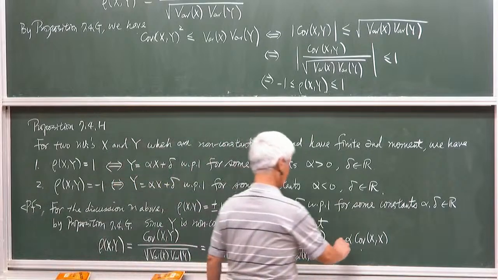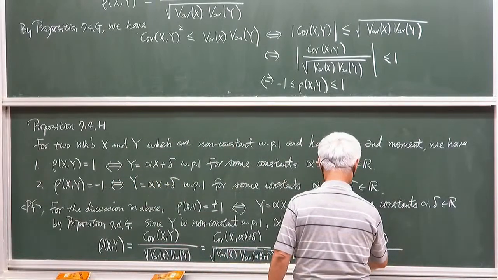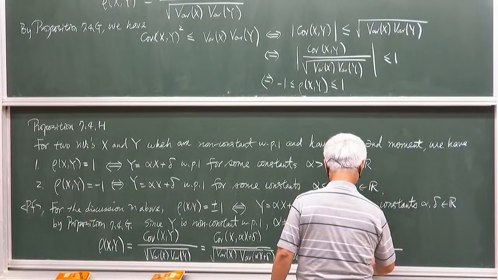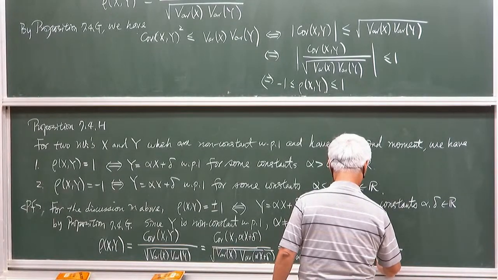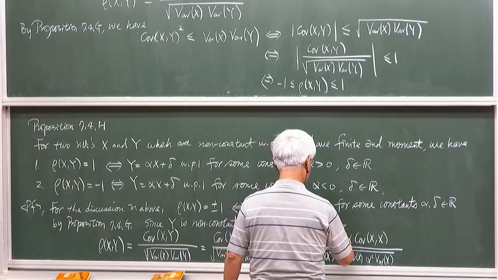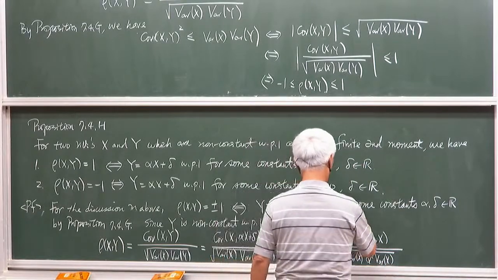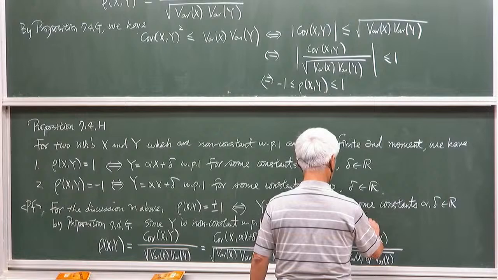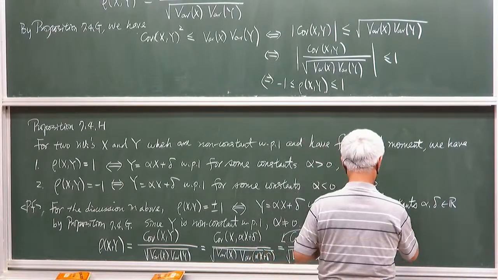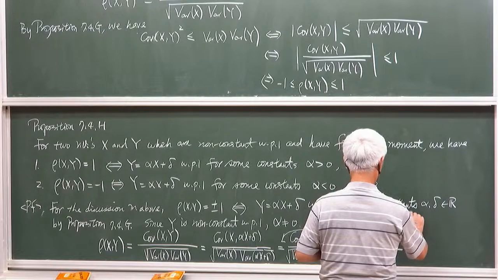And here we have the variance of x and alpha squared times the variance of x, both by proposition 7.4.2.